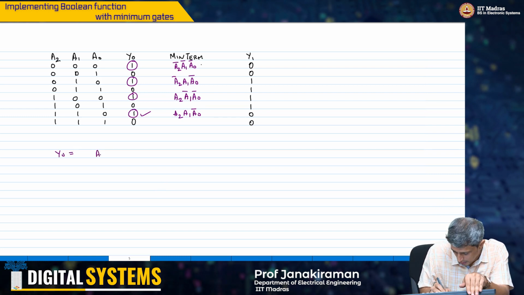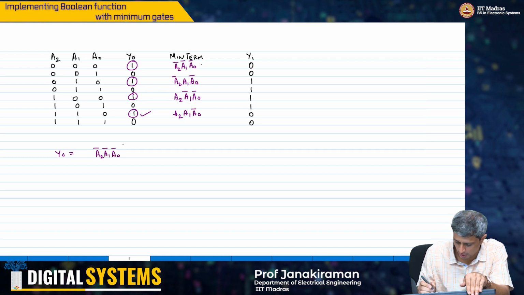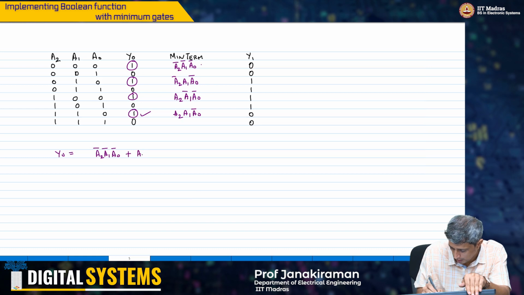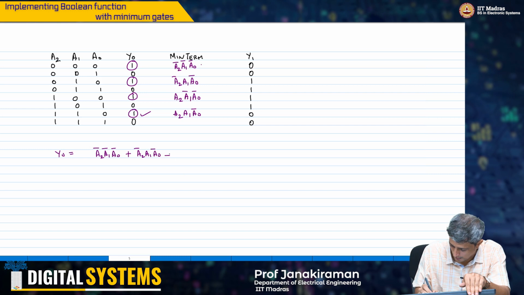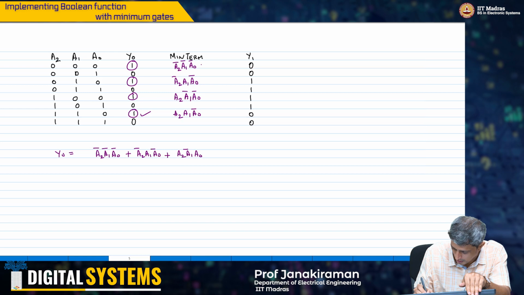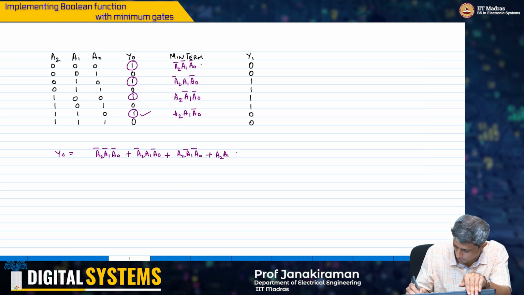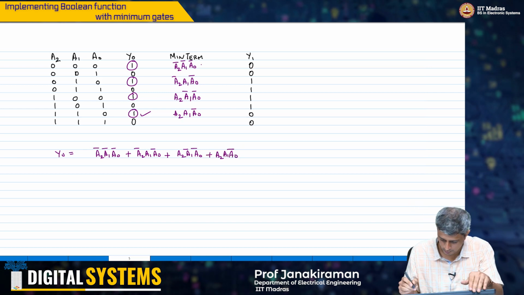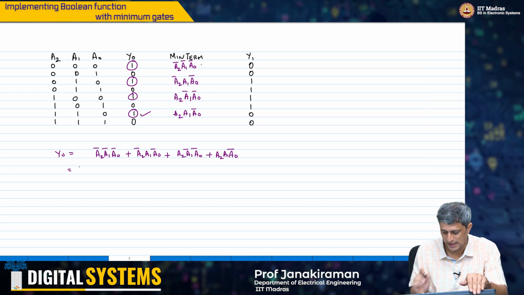This is A2 bar, A1 bar, A0 bar, plus, the plus means an OR, A2 bar, A1, A0 bar, or A2, A1 bar, A0 bar, or A2, A1, A0 bar. So this is what we have.